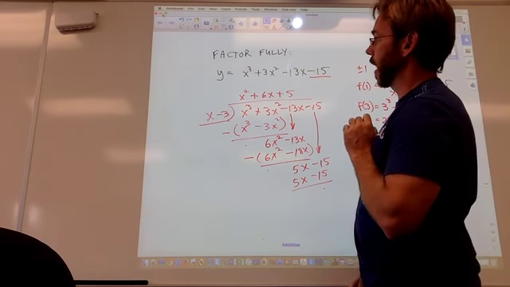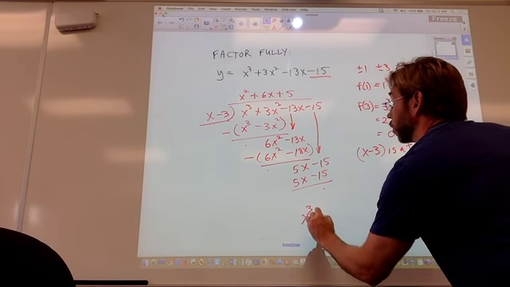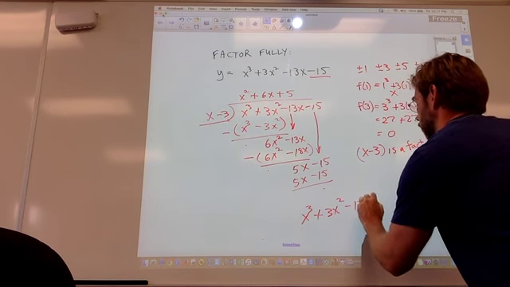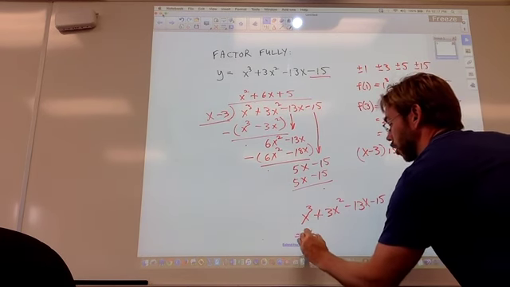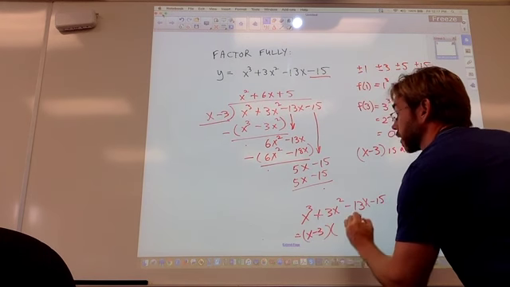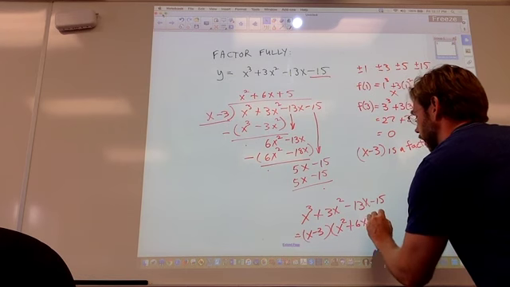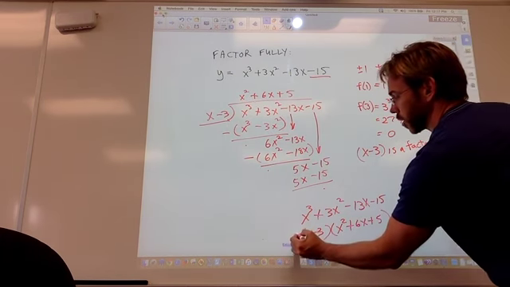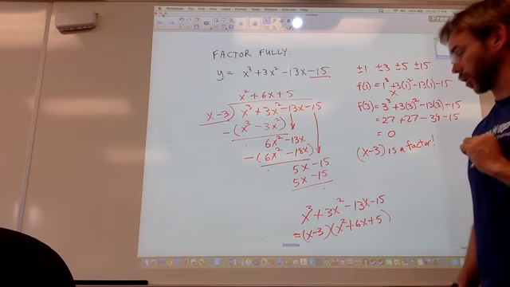We now have our quotient at the top, so we're able to conclude that our full cubic that we started with can actually be written in partially factored form as x minus 3 times x squared plus 6x plus 5. If we multiply these out, we would end up with the expression on top, but we're trying to work in the opposite direction and actually factor.